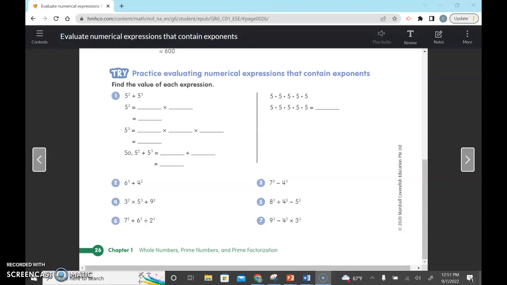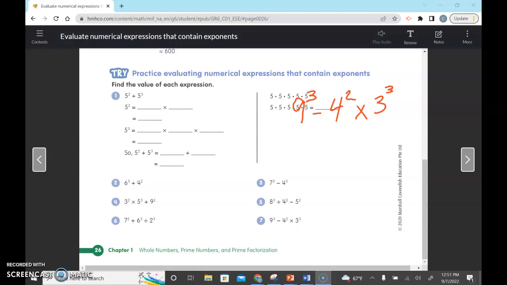And I know I'm kind of writing over top of some work, but that's okay. So we write the problem out, 9 to the power of 3 minus 4 to the power of 2 times 3 to the power of 3.